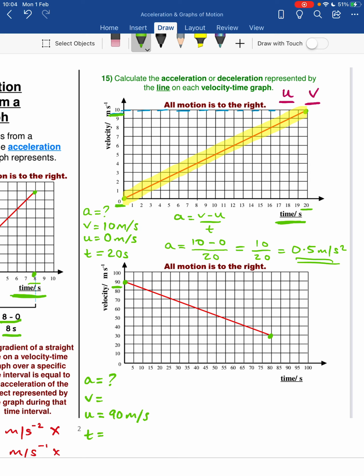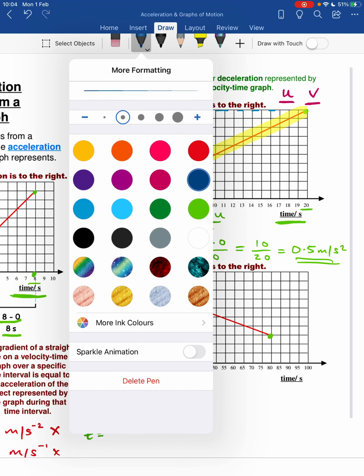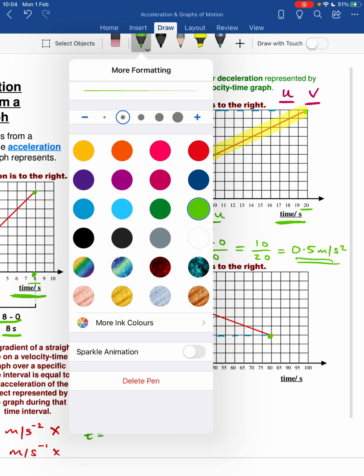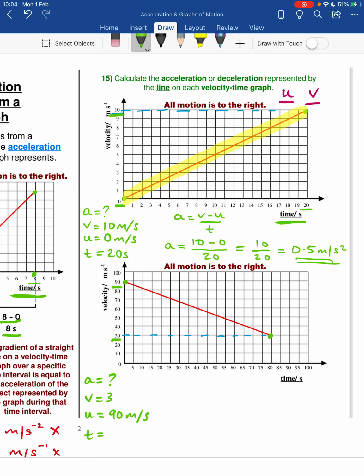The line ends across from 30 meters per second. Again, I would take a ruler or straight edge and draw a dotted line on the graph across from that end point so I can check that for sure. So my final speed for this one is 30 meters per second.